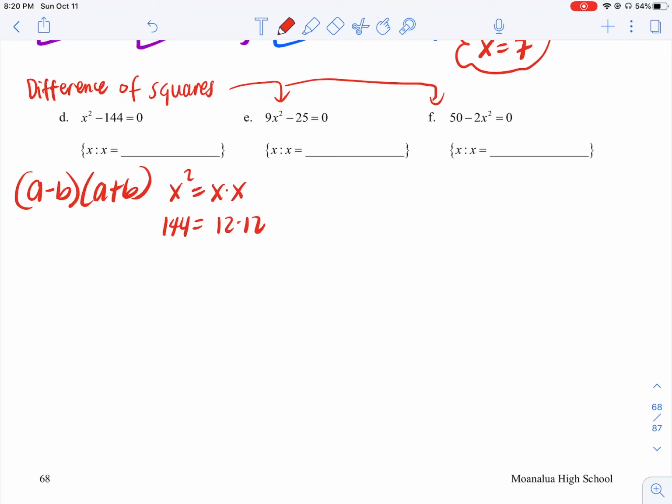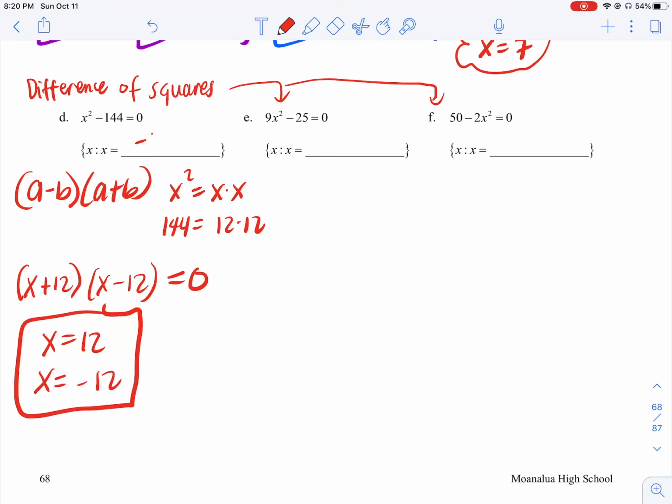So following this formula, this would be our a, this would be our b value. So our answer is (x plus 12)(x minus 12) equal to 0. Not that bad, yeah? So we have x is equal to positive 12 and negative 12. Not that bad. Okay, moving on.